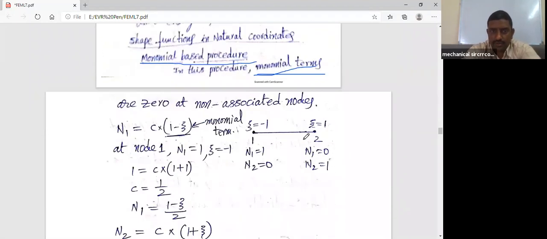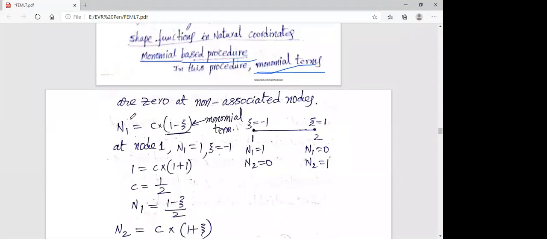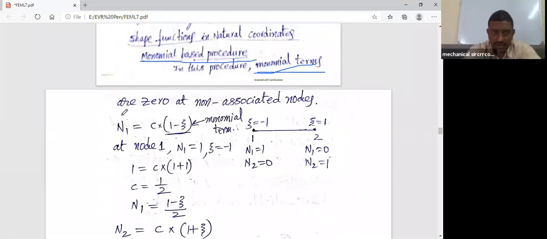For example, if we want to find the shape function n1 at node 1, node 1 is the associated node and node 2 is the non-associated node for n1.